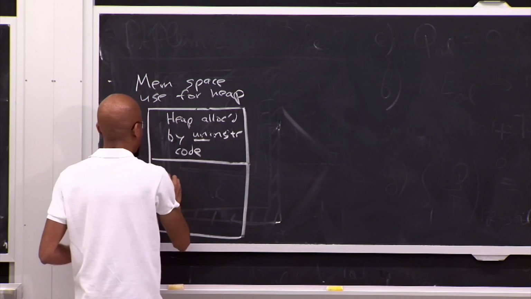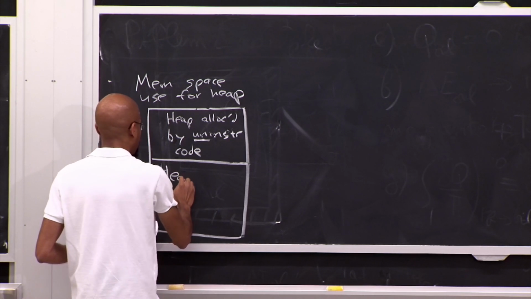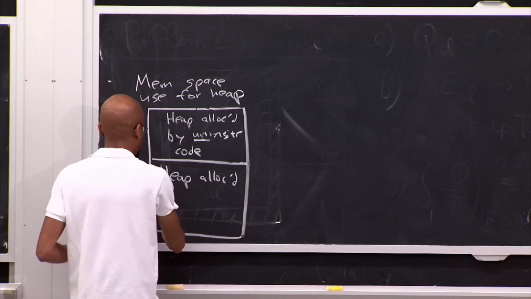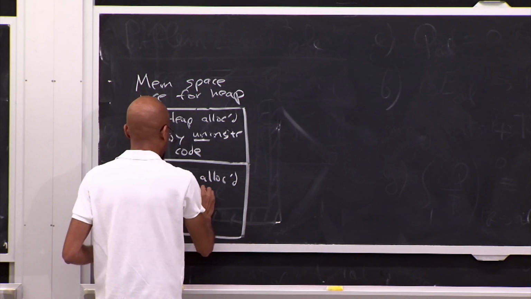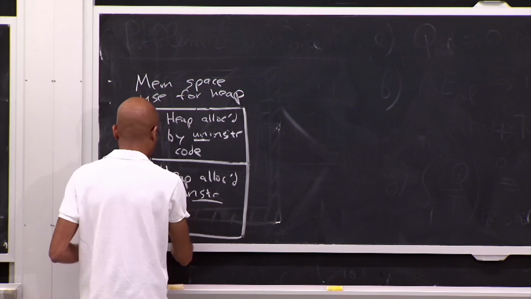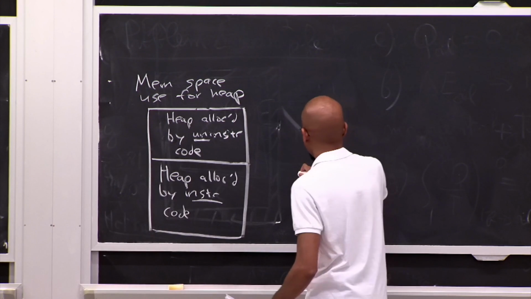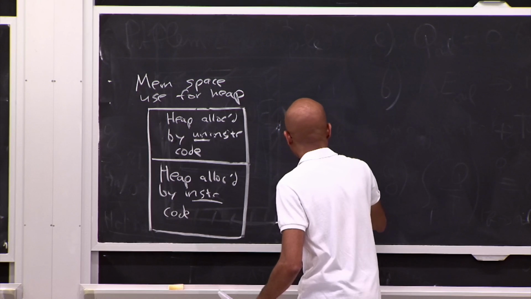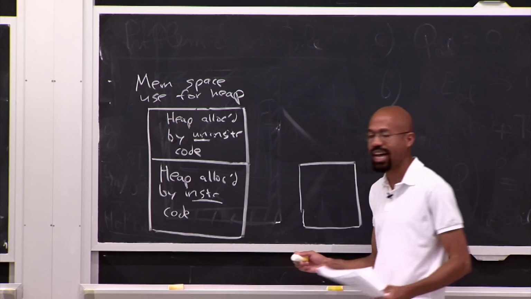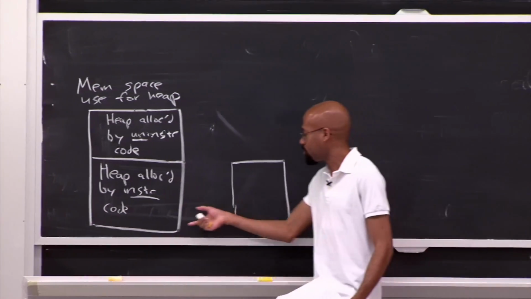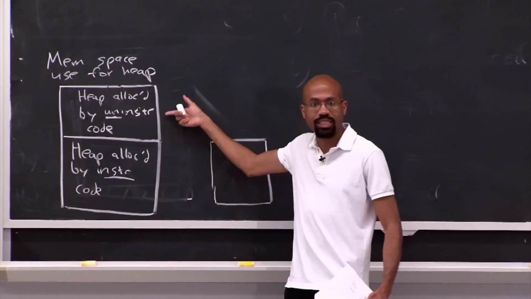And then let's suppose that down here we have the heap that is allocated by the instrumented code. And so what's baggy bounds going to do? Remember, baggy bounds has this notion of a slot size. If the slot size is 16, we only have an entry for every slot of size 16 over here.